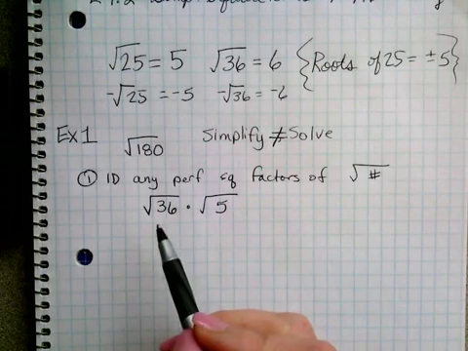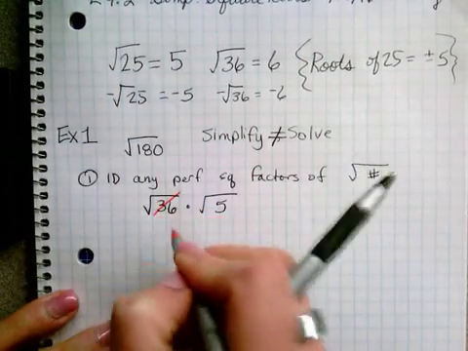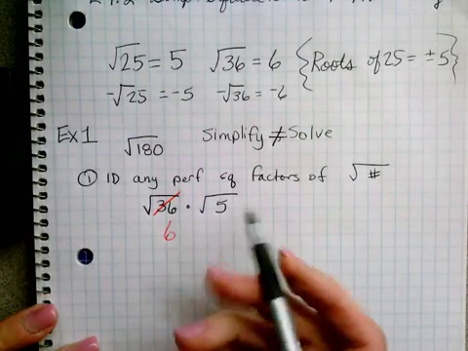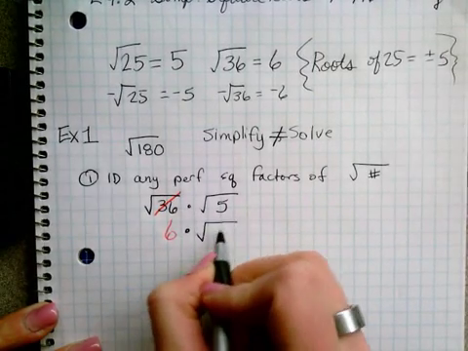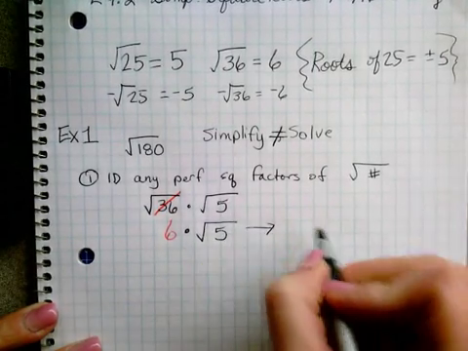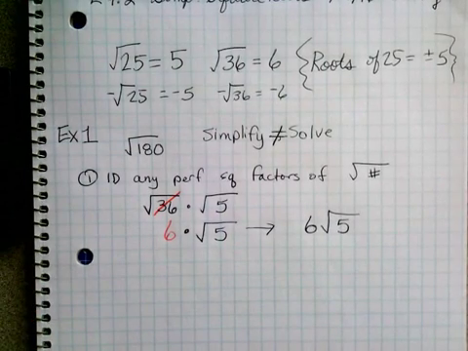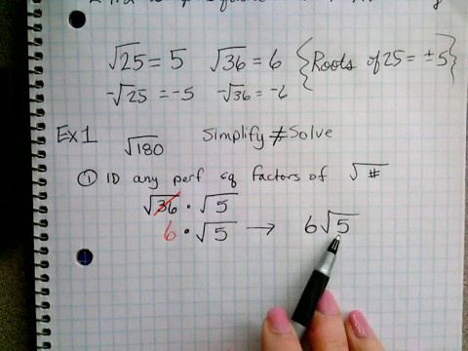36 is the perfect square, right? The square root of which is a 6. 5 is not. So the answer is 6 times the square root of 5, which you would simply write 6 radical 5. The number preceding the radical is multiplying by the number within the radical.